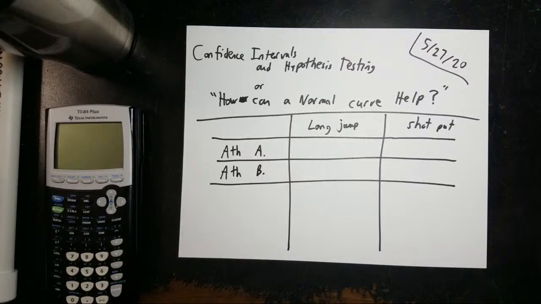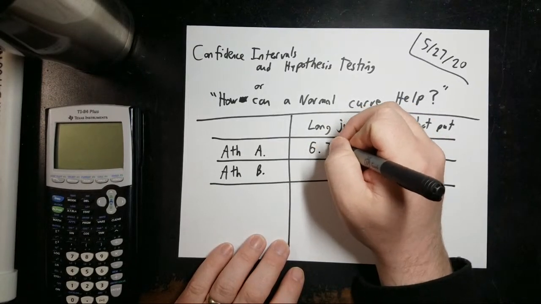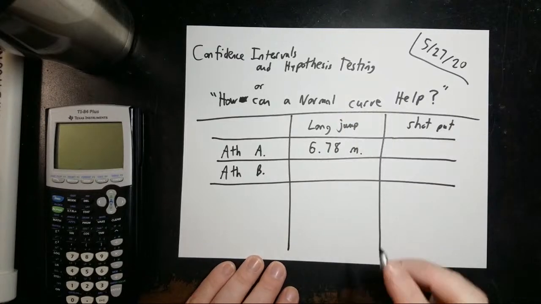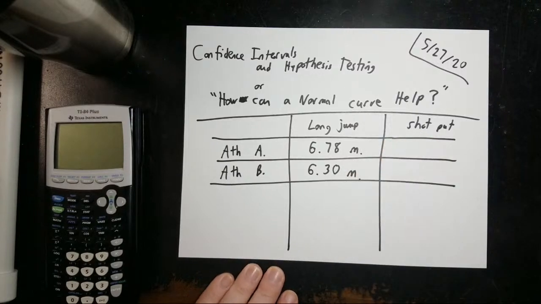Well, in the long jump, athlete A jumped 6.78 meters, and athlete B jumped 6.30 meters. Clearly, athlete A is the better long jumper than athlete B. But then they go over to the shot put.